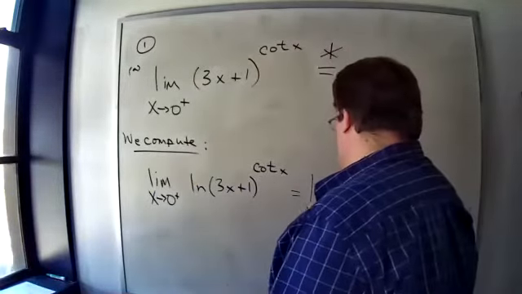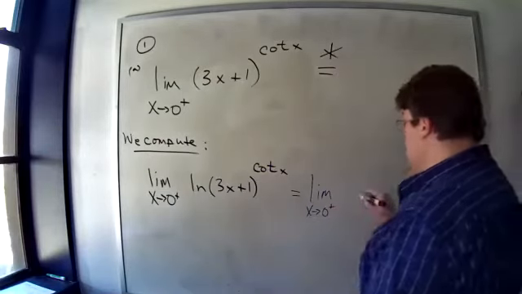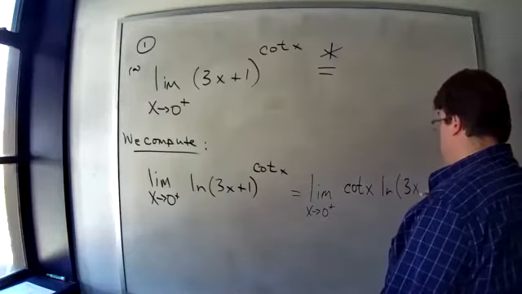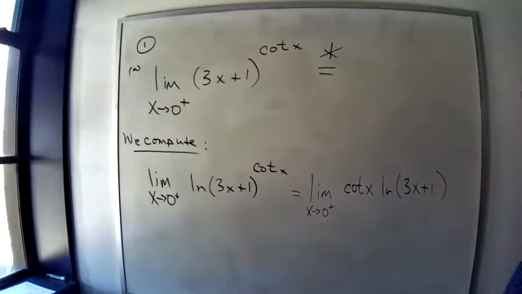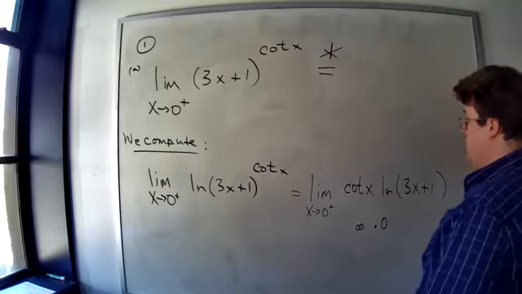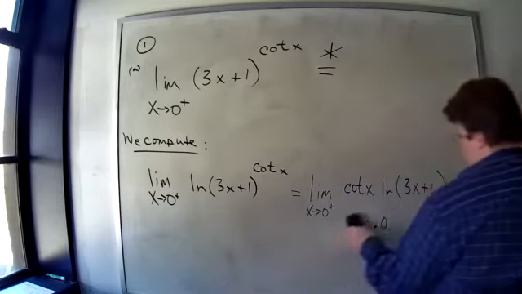So first, cotangent comes out front. We have this multiplication. Now, all we did here was write this in an infinity times 0 form.